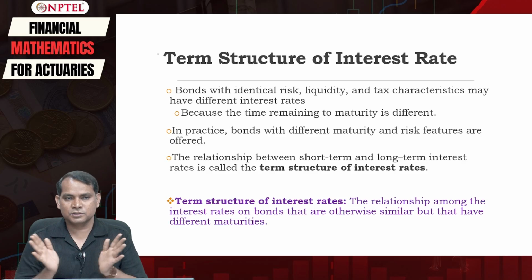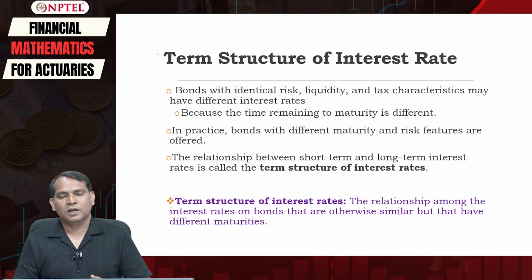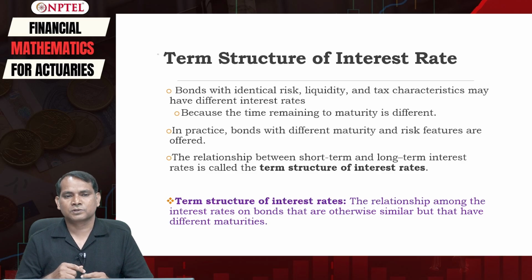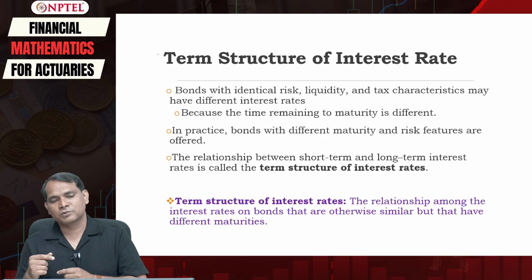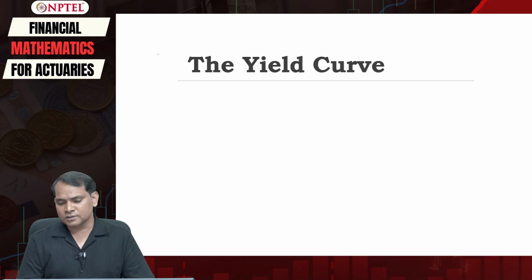So the relationship between the yield of short term bonds and the yield of long term bonds is known as the term structure of interest rate, or simply the term structure.